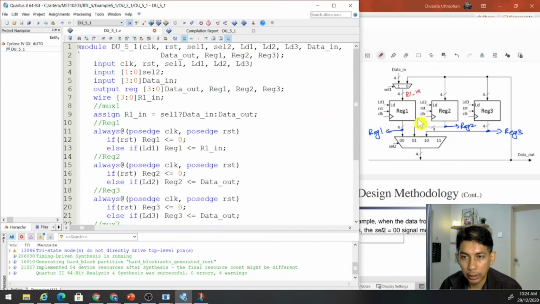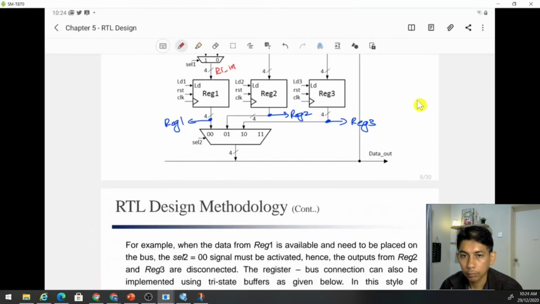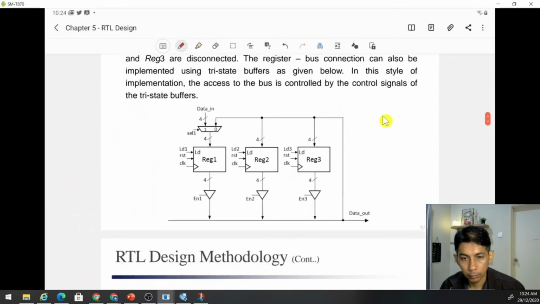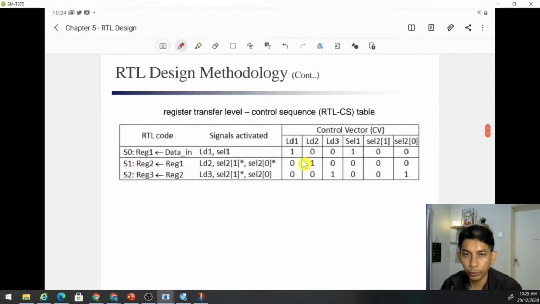Okay, so this is our data path unit, and now we want to create the next one, which is the control unit, which is actually the FSM. It generates this output whenever we are in state 0, and when we are in state 1, we generate this output, and when we are in state 2, we get this output.